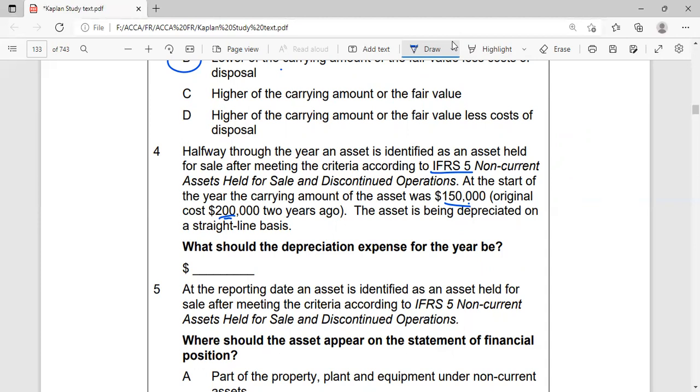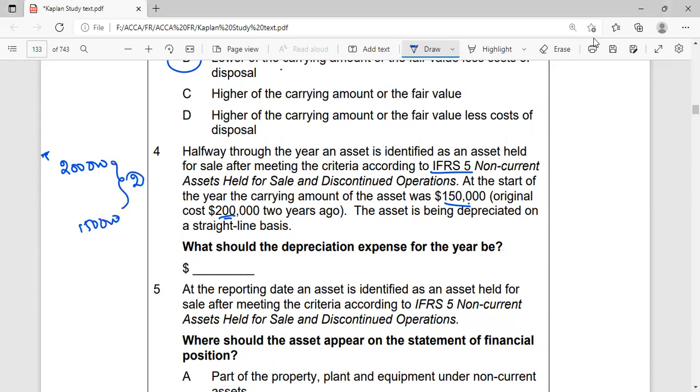What is the amount of original cost 2 years ago? 2 lakh. At present how much? 1,50,000.